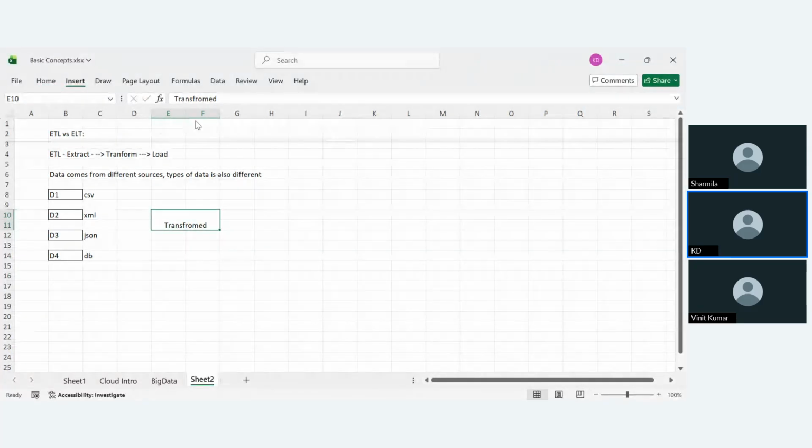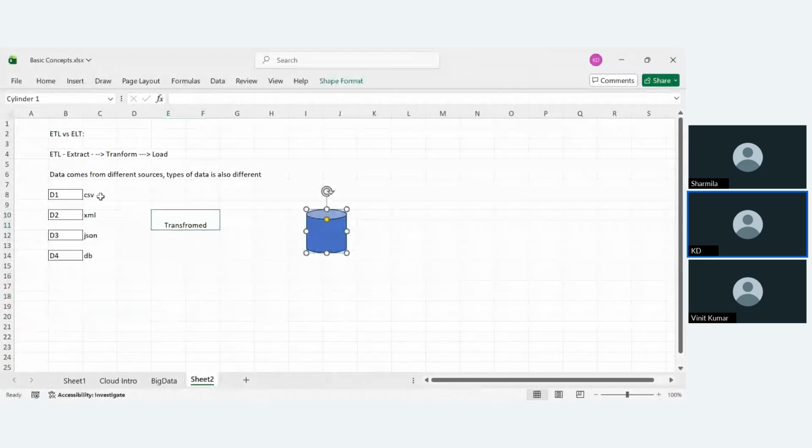So here data is coming from these various sources.